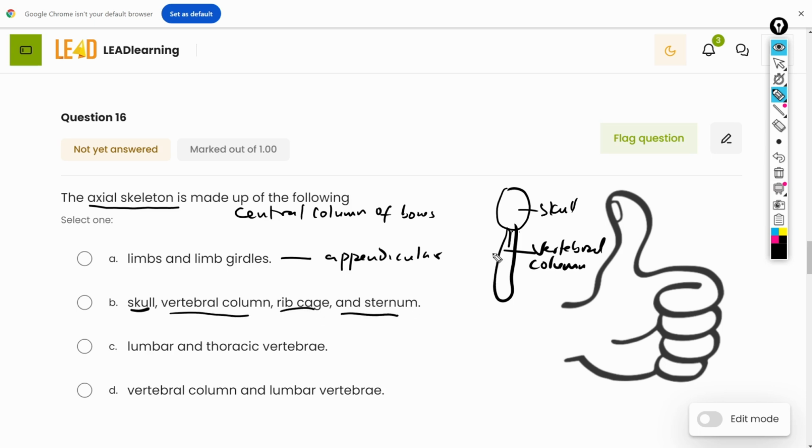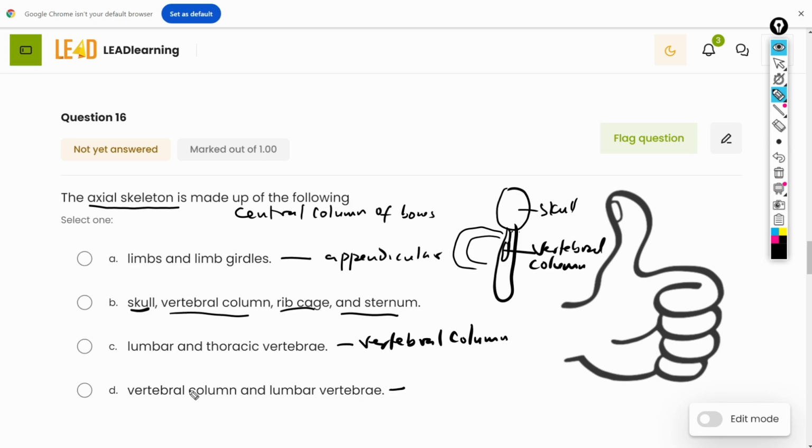Now, the rib cage is the chamber formed by the ribs as they connect to the back of the body through the thoracic vertebra and to the front through the sternum or the breastbone. Then the sternum is simply the breastbone. The lumbar and the thoracic vertebra form part of the vertebral column.